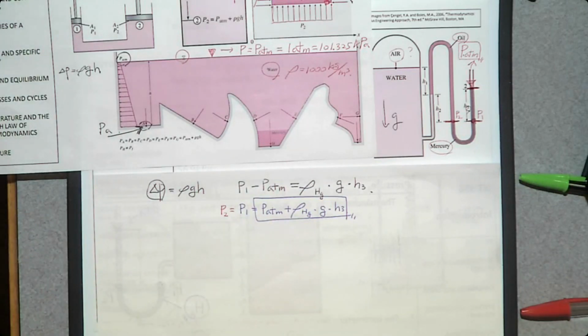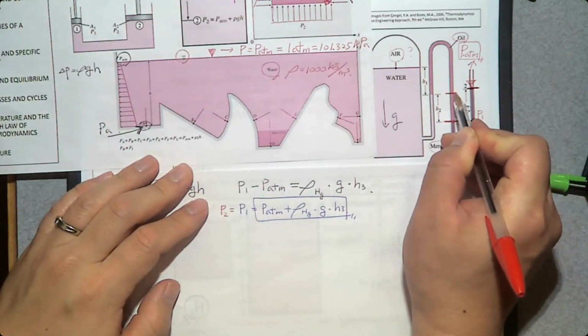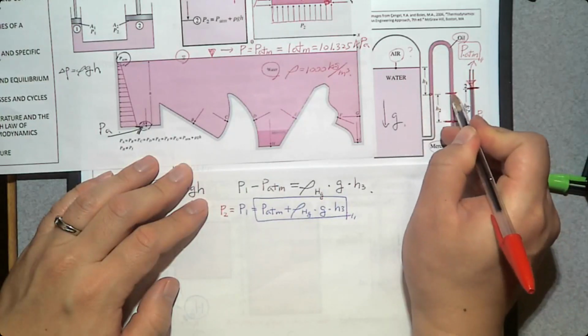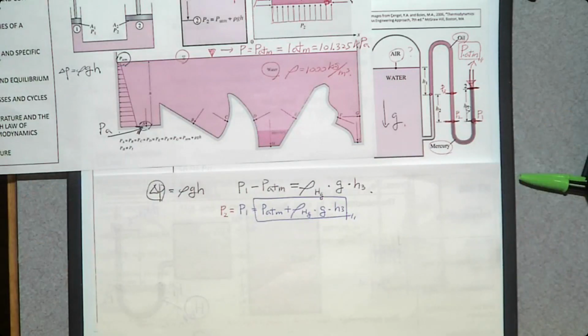Now, let's find another interface right here. However, we cannot directly calculate the pressure at this location, so I'm going to make another imaginary interface at the same elevation as this interface between oil and water. I'm going to call this one P3. Can you determine P3 from P2?